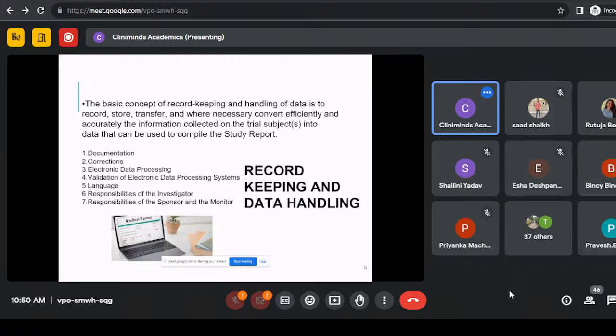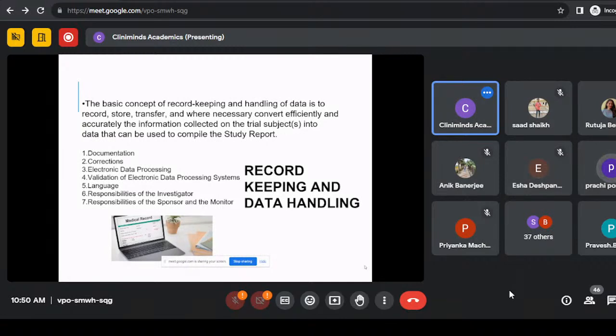The history of the patient. Any side effect or adverse effect? We will check whether, by using the drug, our subject has any problems. Treatment is given to the patient; they have to give proper treatment to the trial subject.